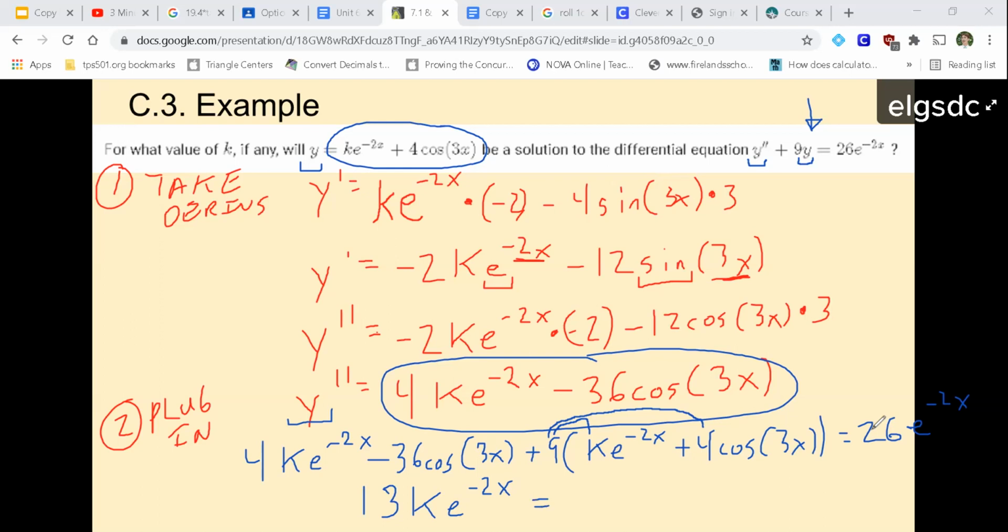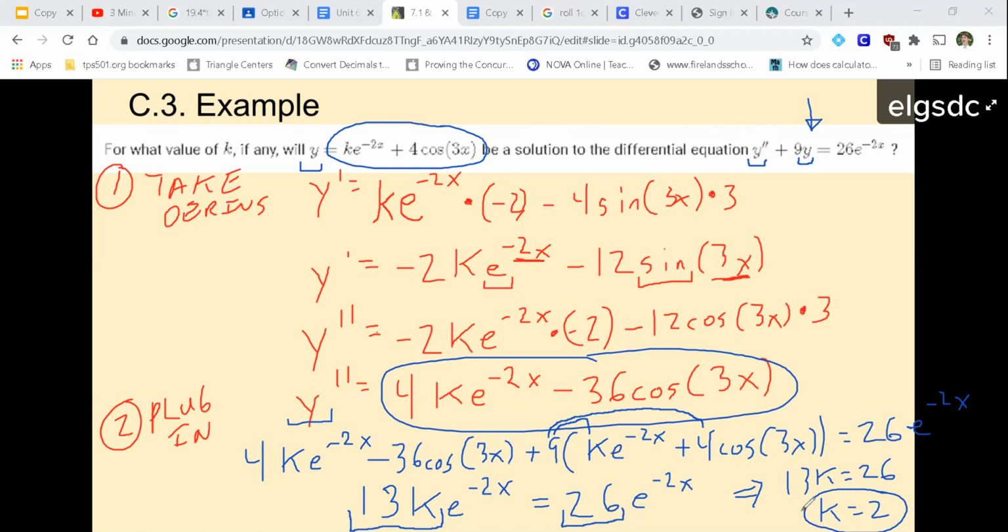So then all we're left with is 13k e to the negative 2x is equal to 26 e to the negative 2x. And the only way that we can get these two expressions to match is if 13k is equal to 26, which means k is 2. So 2 is the value that makes this function a solution to our differential equation.